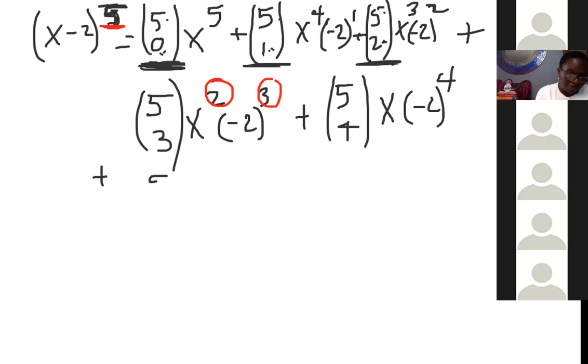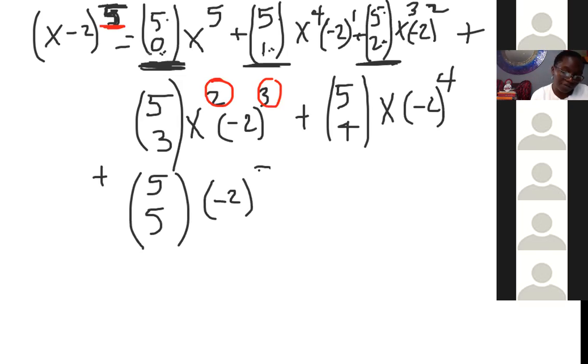It's going to be 5 choose 5. Okay, let me see. 1, 2, 3, 4, 5. This is the last term, actually. And now, guys, I ran out of powers of x, so I'm just going to have -2 to the 5th power. All right, I'm pausing here just in case you guys have some little questions. Anybody?